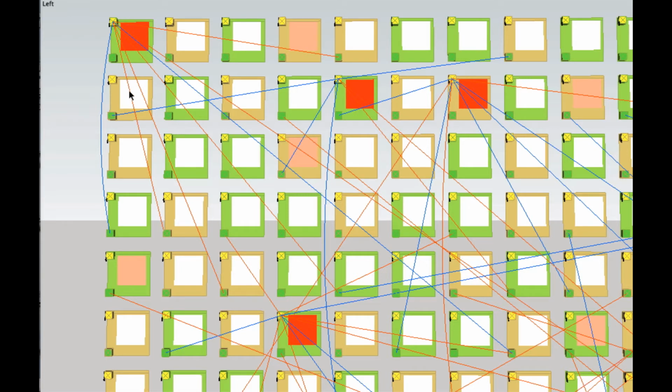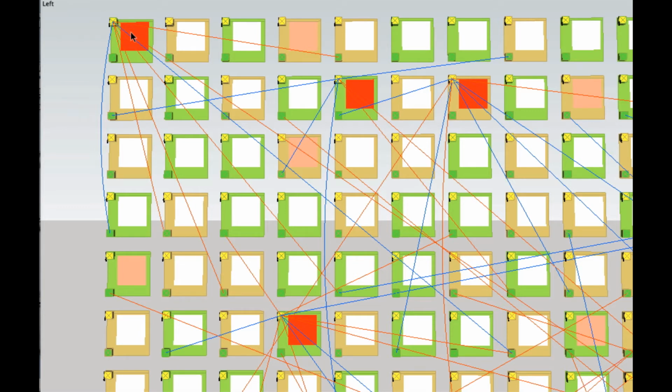Let's say the red represents comments and the blue represents likes from people on artifacts that this individual has posted. So the red would indicate this is a person who's posted a lot. Exactly what that means doesn't matter. You could define that any way you wanted to. And these are the people that have commented or liked this person's posts.